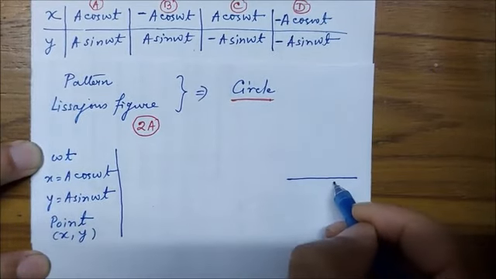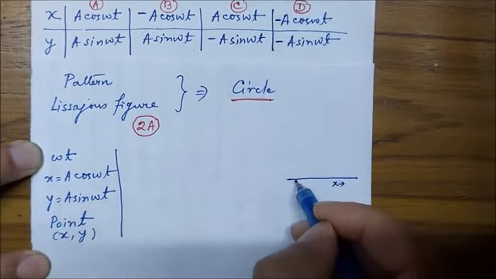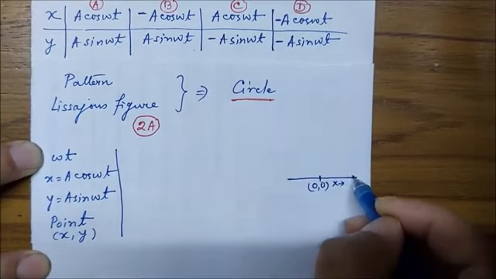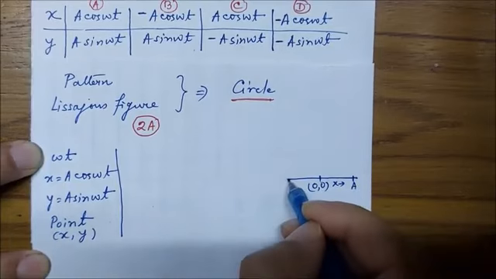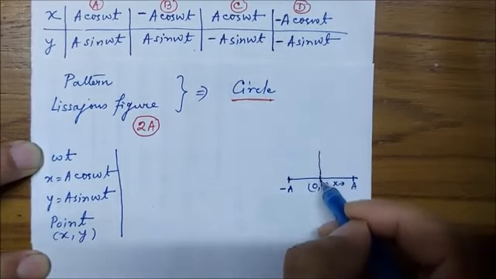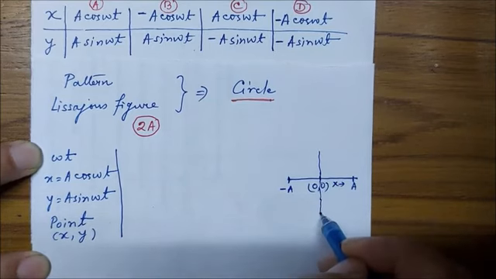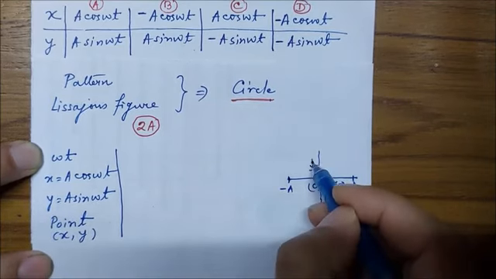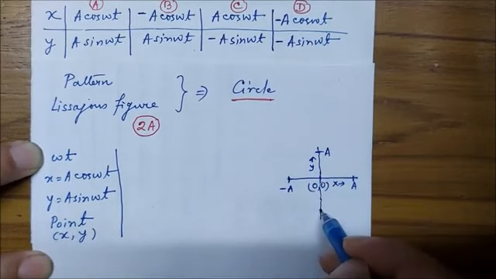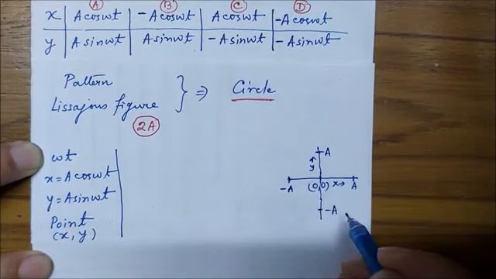This is say x-axis, this is the origin, this is plus a along x-axis, and this is minus a along x-axis, and this is the y-axis, this is plus a along y-axis, and this is minus a along y-axis.